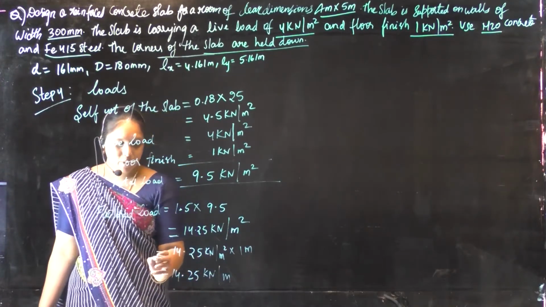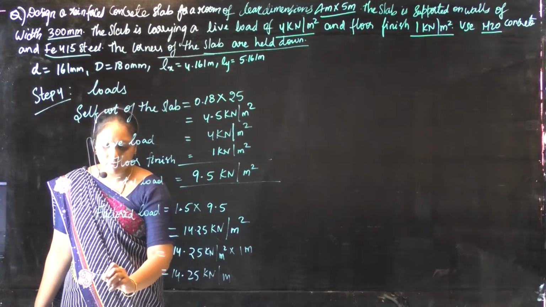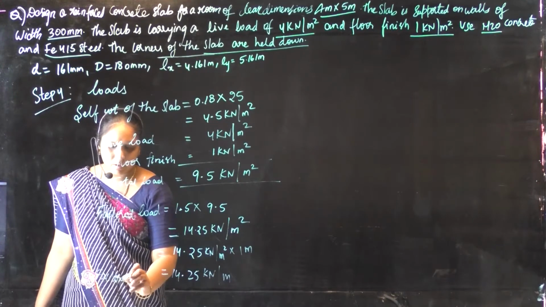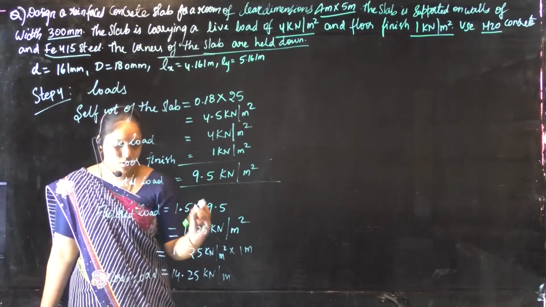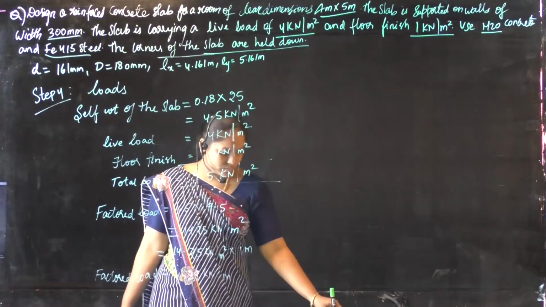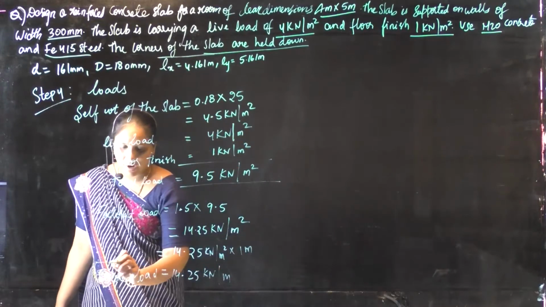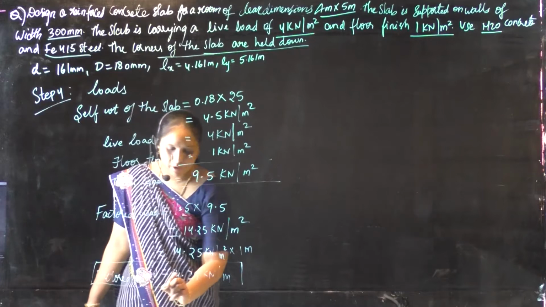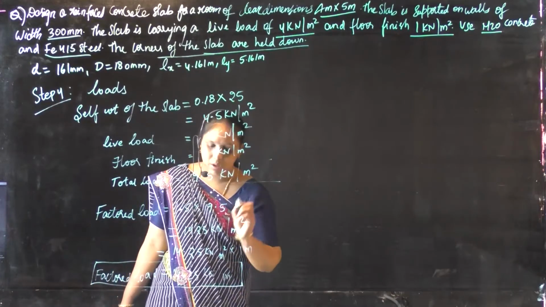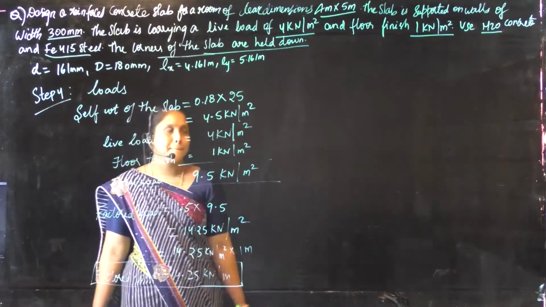So this is going to be our factored load. The factored load is 14.25 kilonewton per meter.